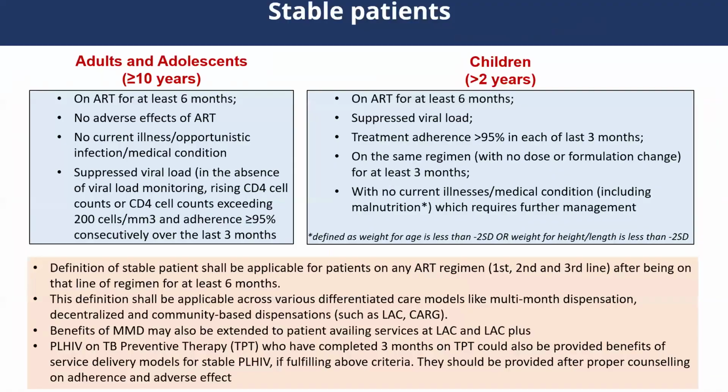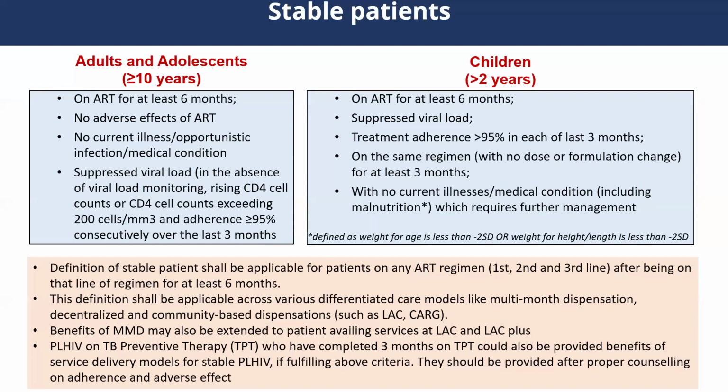Usually the parents are supposed to collect after 3 months, but for their kid they have to come every month. Because of that, sometimes the children miss the medicine because the parents are not able to come in time to collect it, especially those staying in far-flung areas.